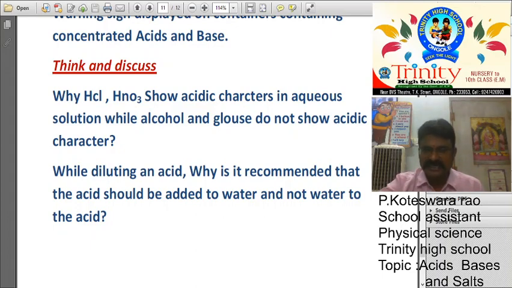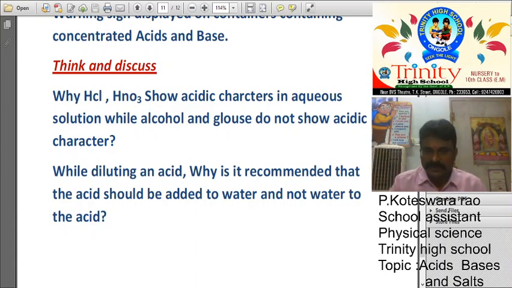If you add acid or base to water, we must take proper care. We can continuously stir, and if we continuously stir, the solution is diluted, so no problem at all. We add one drop of either acid or base, continuously stirring, so no problem at all.